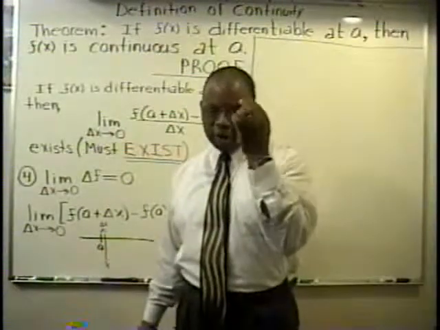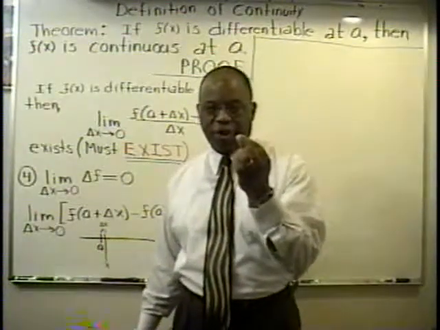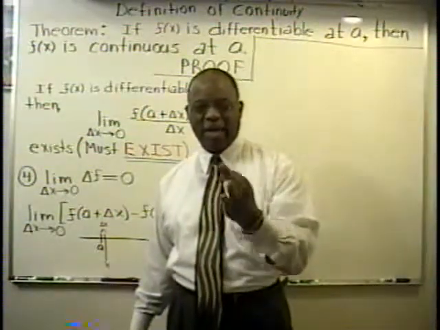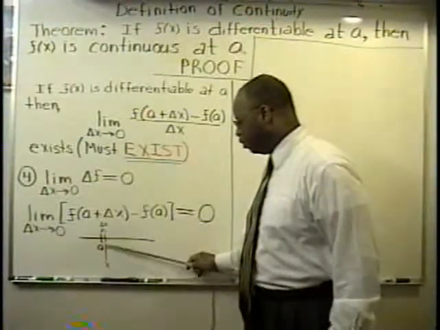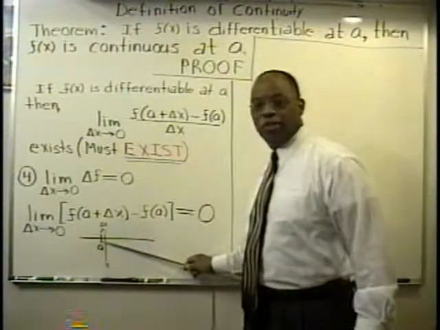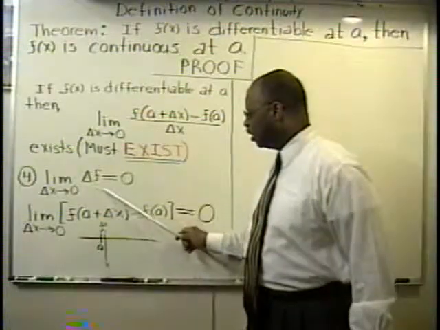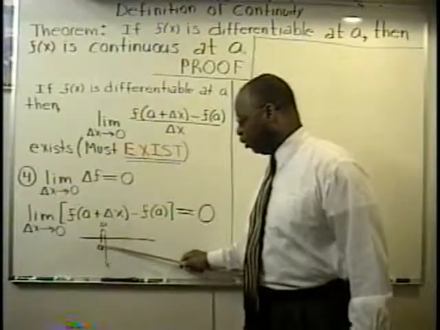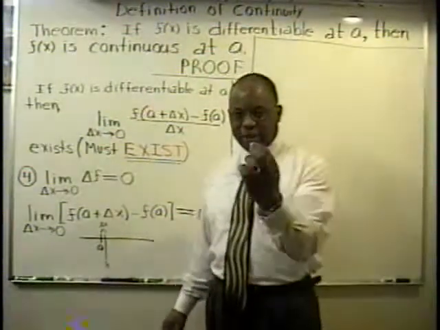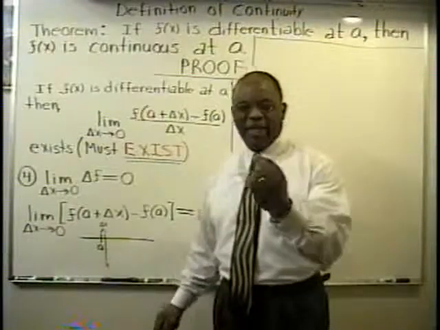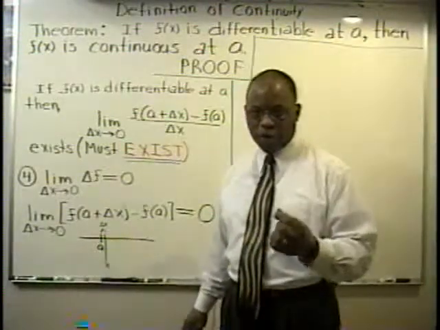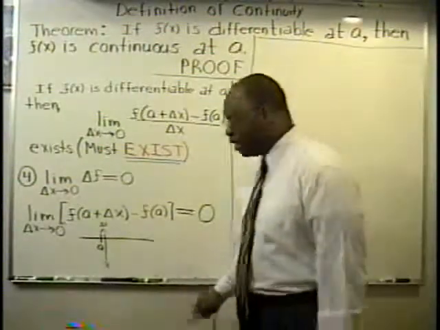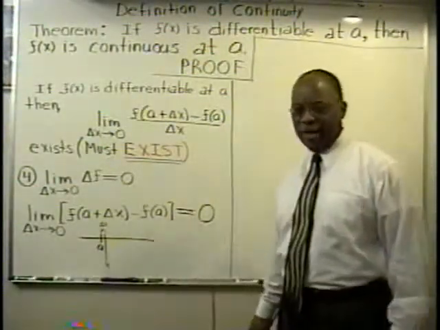This is critical to understanding the foundation of metric spaces. When you get into the higher level, we start calling it a deleted neighborhood. So as this space gets smaller and smaller, if it is continuous at A, then x is going to overlap A. There is no distance between them because now they are one and the same. So therefore, the difference between these is 0. Therefore, that function is continuous at A.